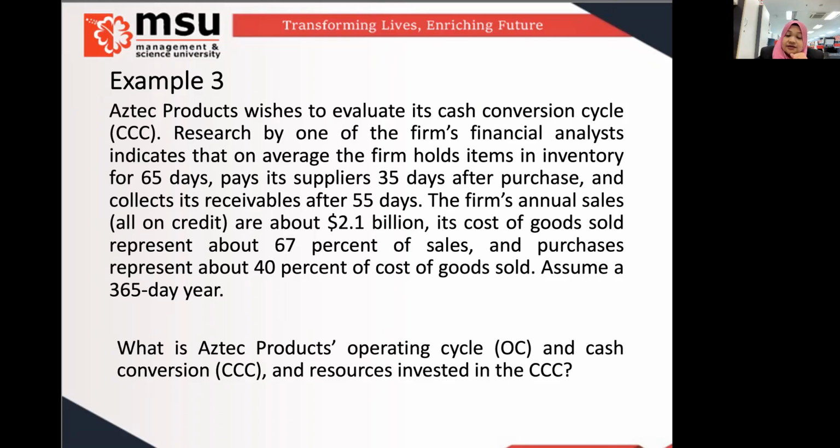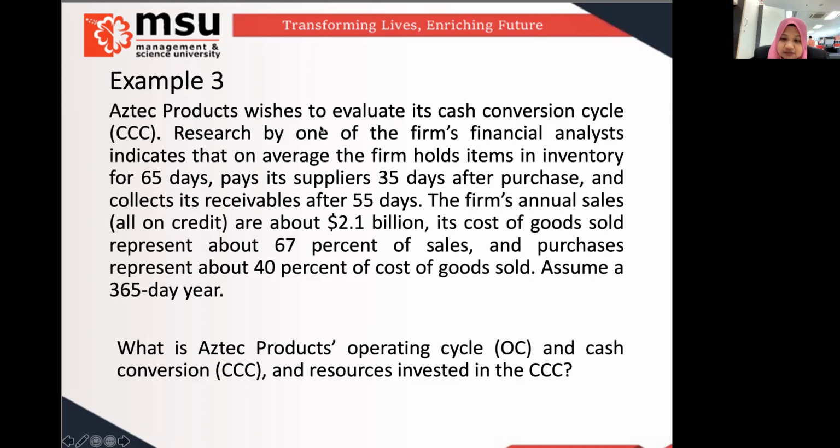So this is another example you should try. Inventory for 35 days. So this is the AAI. Payables supply 35 days. This is APP. And account receivable is 55 days. So this is ACP.